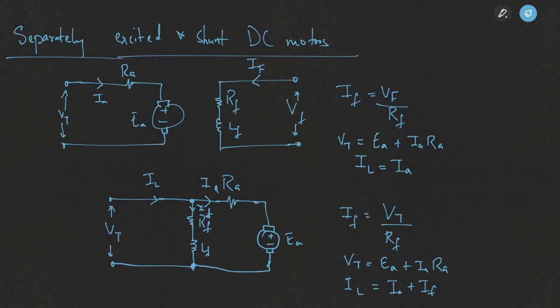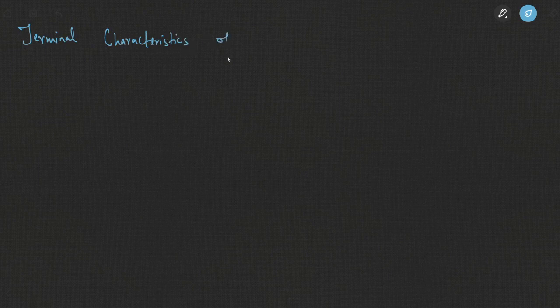Now we'll draw the terminal characteristics of the shunt DC motor first, and then the separately excited DC motor.